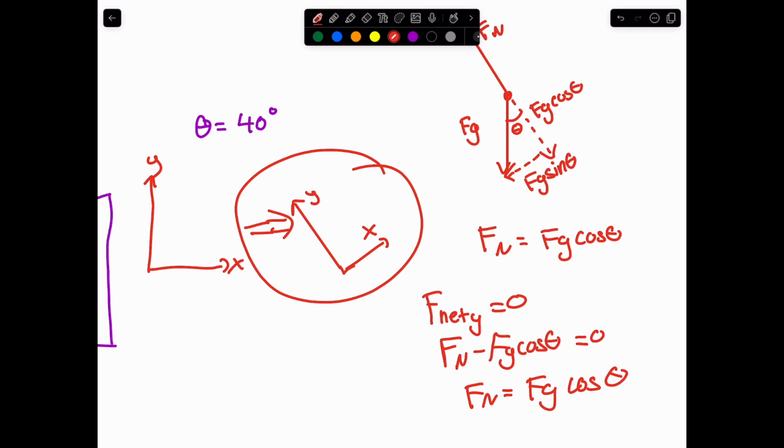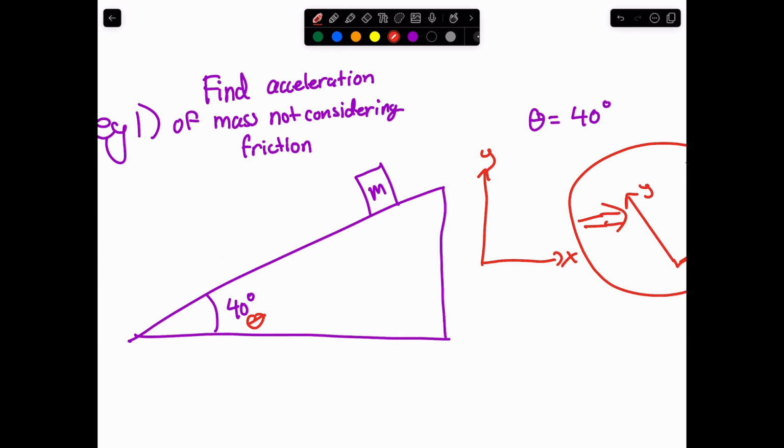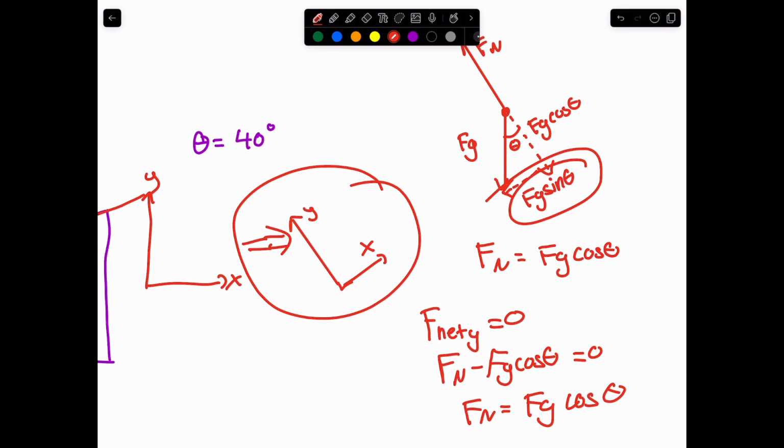However, there is a net force in the x direction, Fg sine theta. And that should make perfect sense, because the x-axis now is along the surface, and if we let this system go, then the box is going to start dragging down, which means there's some force that must be pushing this mass down the ramp, down the x-axis. And we find that in our FBD to be Fg sine theta.